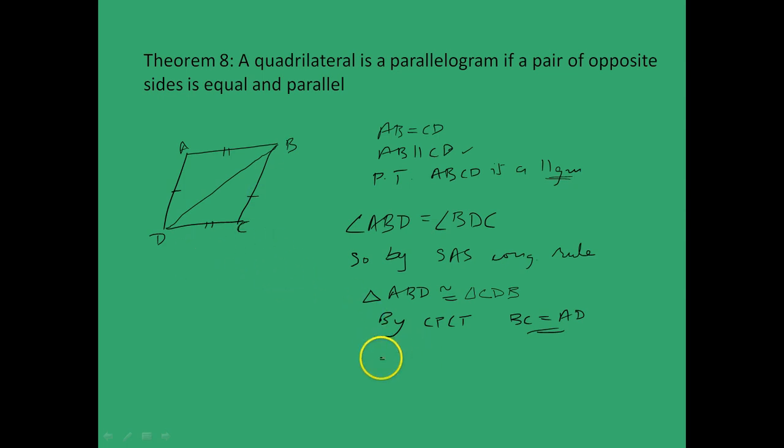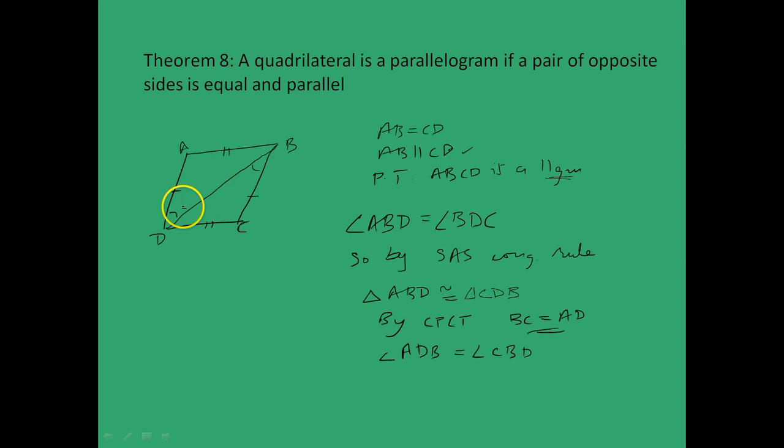And also by CPCT we have angle ADB equal to angle CBD, and so therefore this angle is equal to this angle.